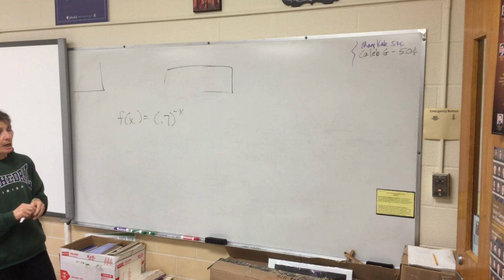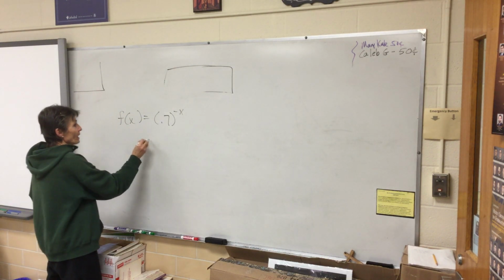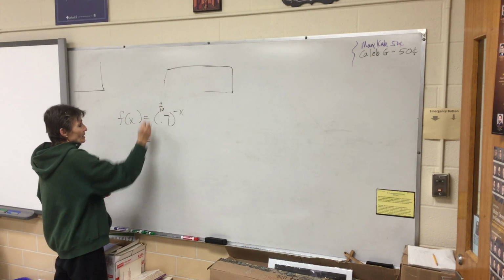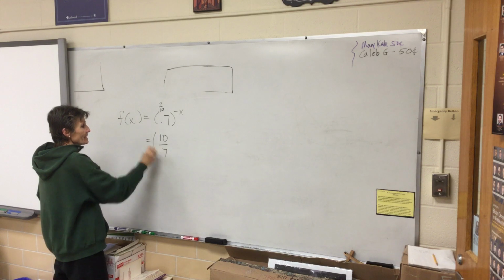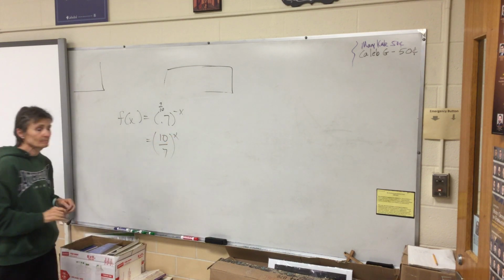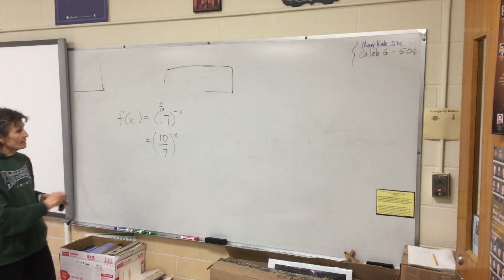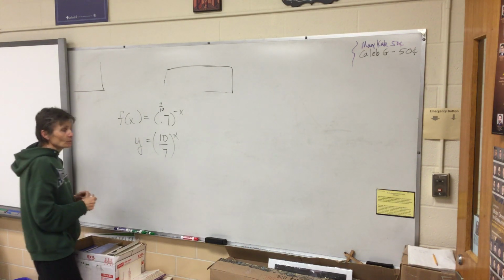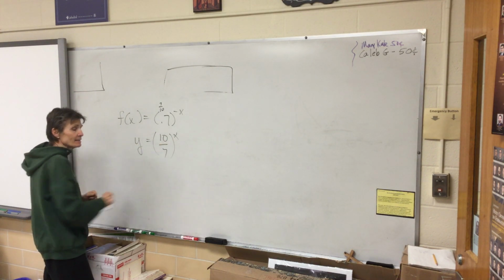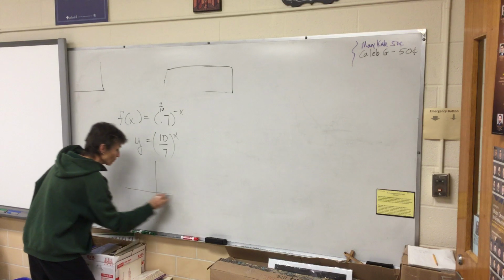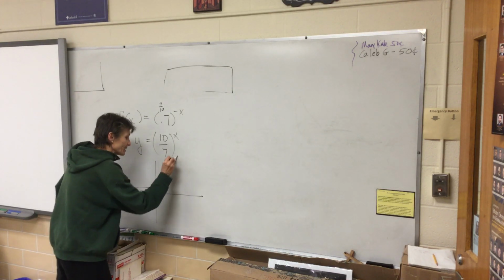So I am going to choose to rewrite this. That's 7/10. So I'm going to think of it as 10/7 to the x. This number is bigger than 1. That's a positive x. This is a regular growth exponential.